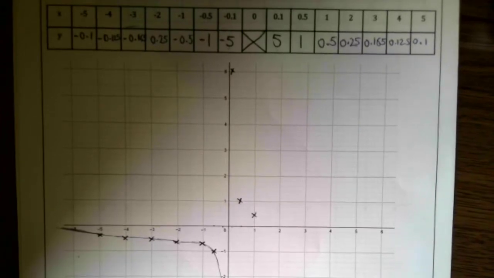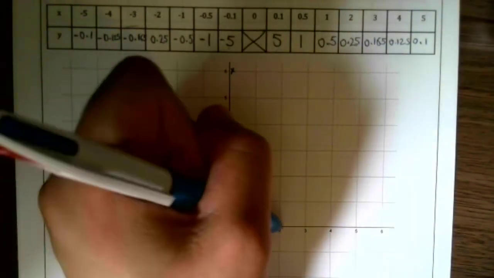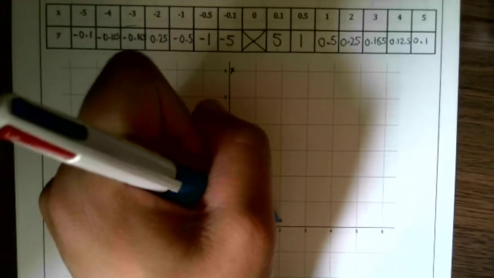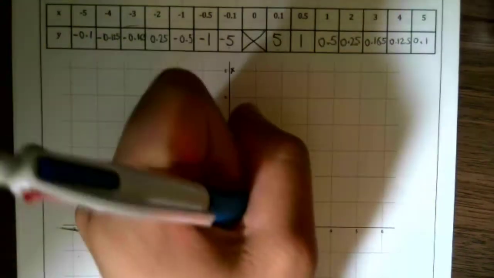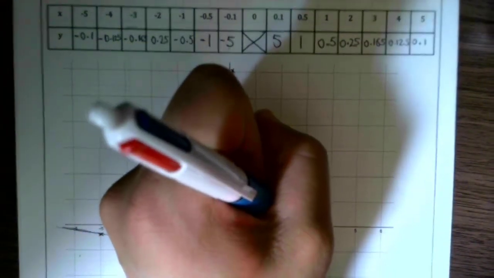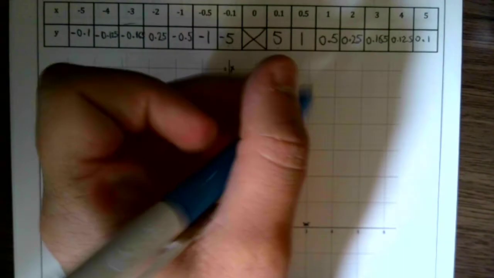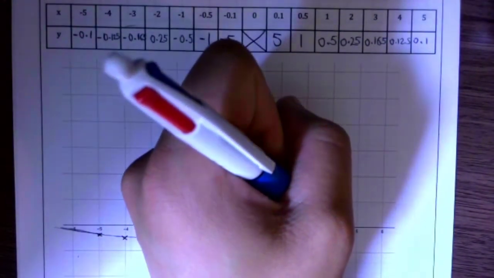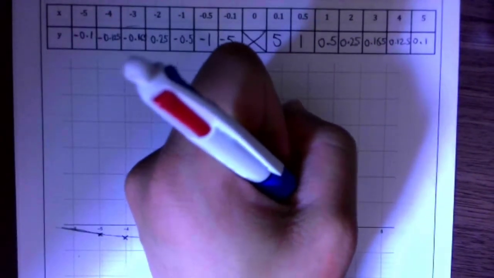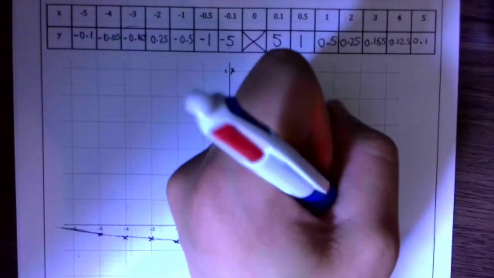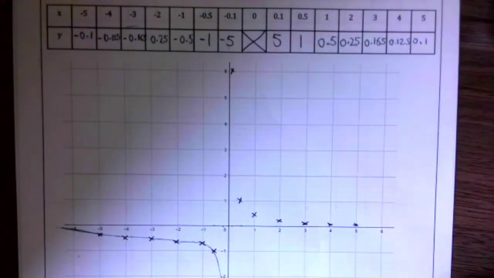So this is going to look much better. That's in focus. 2 and 0.25, so half again. 3 and 0.165, even less. 4 and 0.125, even closer to the line. And then 5 and 0.1, so something like that.